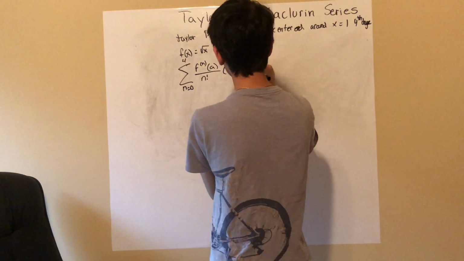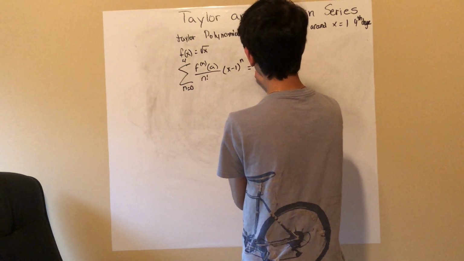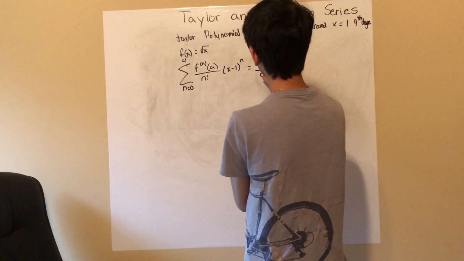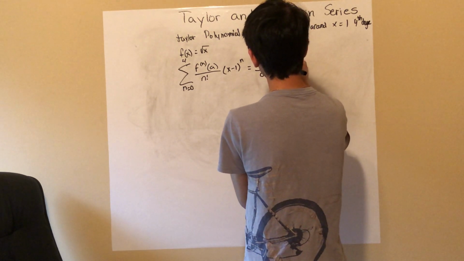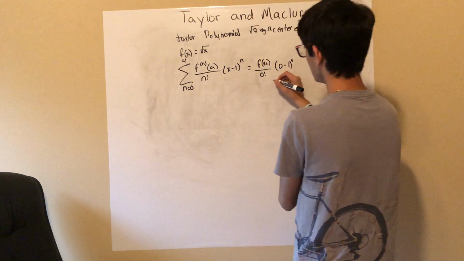So this equals f of a over 0 factorial times x minus 1 to the 0th.